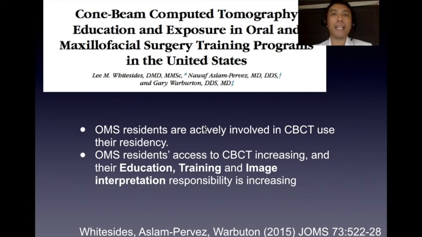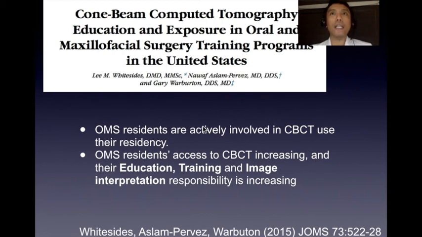But like what I've said, the technology itself will not diagnose it for us. It is up to us to properly interpret the better images that we get.